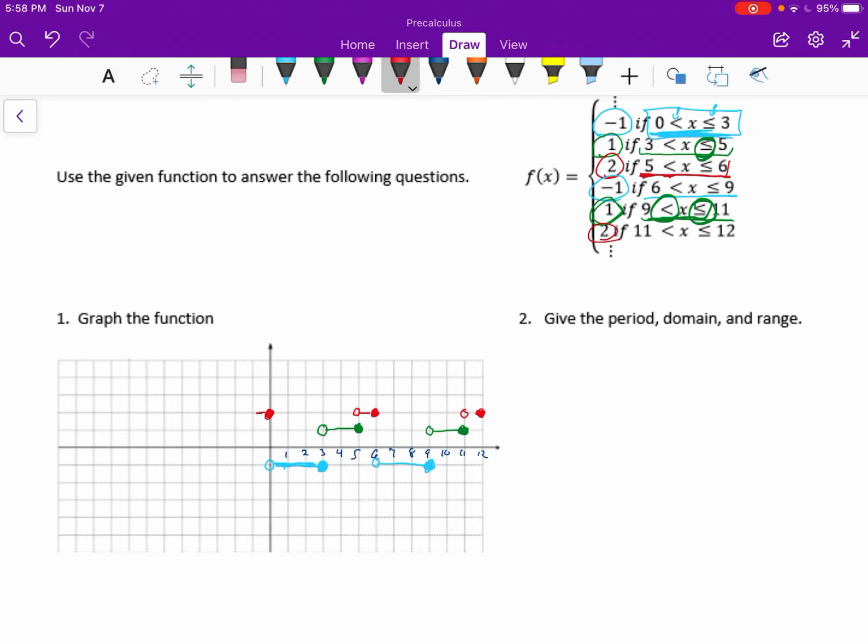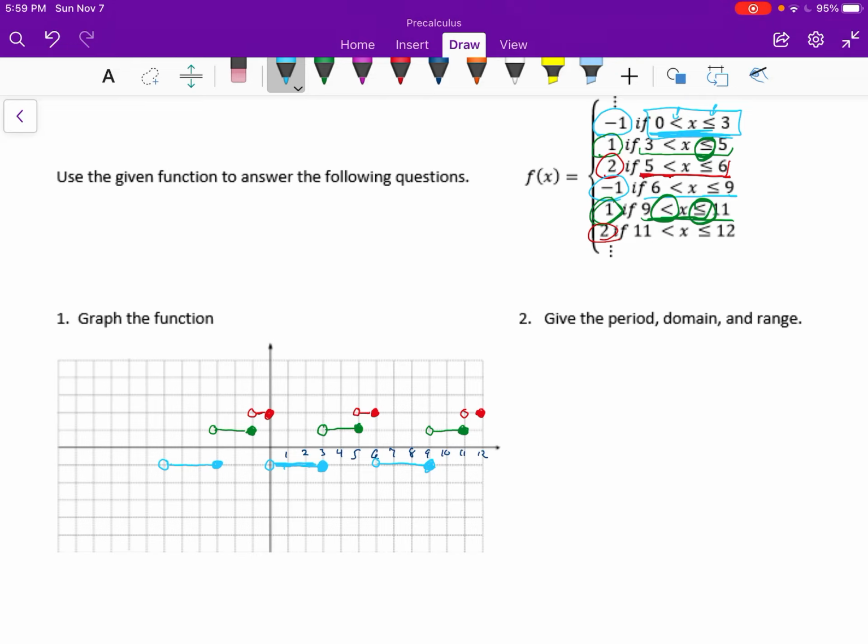So we should have 2 from -1 to 0, and then we'll put in just one more section here so we can see this, and that one was 3 units. So there's a graph of it. We could actually keep graphing further, but there it is. You don't have to do it in different colors.